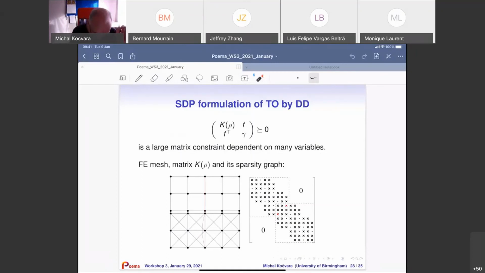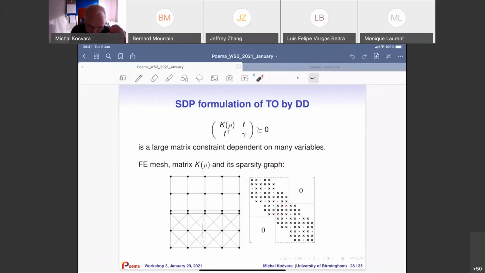So, for instance, if I have a domain like that, a rectangle, this would be the finite element discretization by 8 finite elements. Then the sparsity graph of the corresponding matrix K of rho is this graph here. We know that graph. It is not a chordal graph, but it can be extended to a chordal graph.